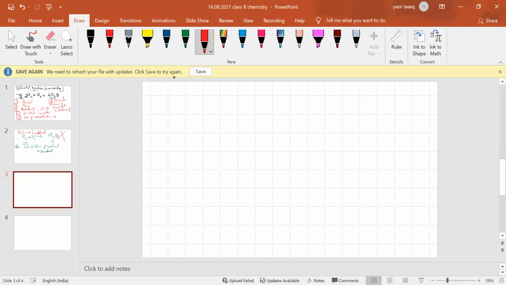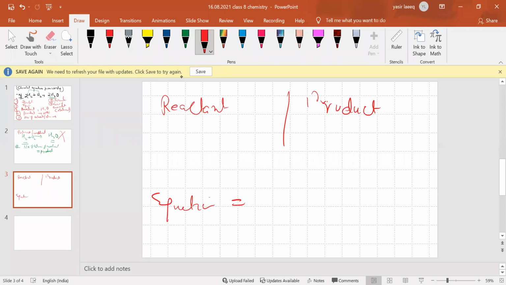See here, reactant and product. Okay, the equation is H2 plus O2 brings you H2O.